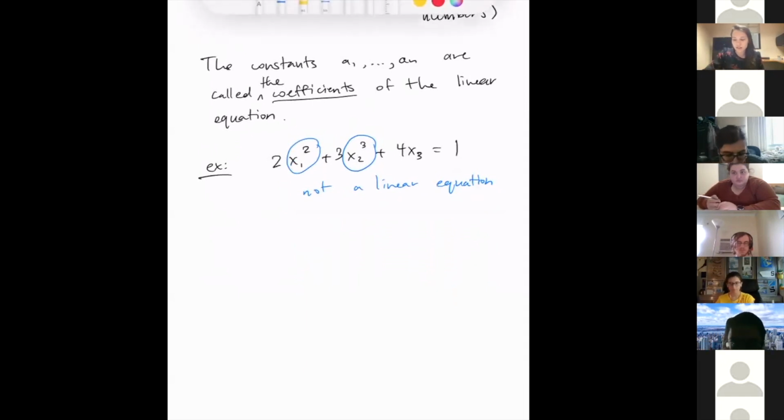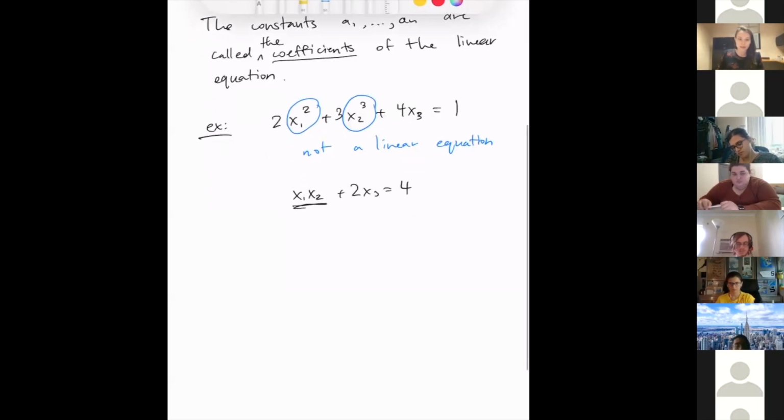Other things that would not be allowed in a linear equation would be if you had a product of two variables like x1 times x2. This is not a linear equation because you have your two variables being multiplied together. They need to each be in a separate term.